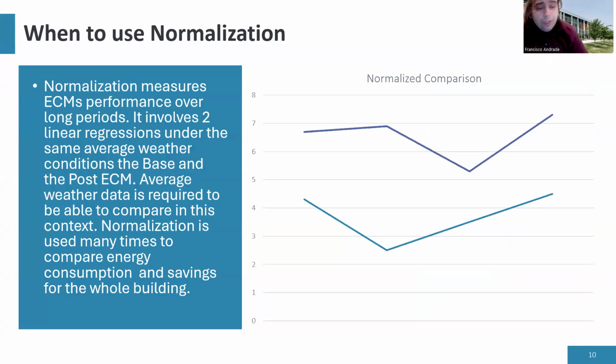This is different than normalization. Here we have two energy models, representing before and after the energy conservation measure was implemented. One is the old system, one is the new system. And usually, like I said, we have at least a year of data for each system.